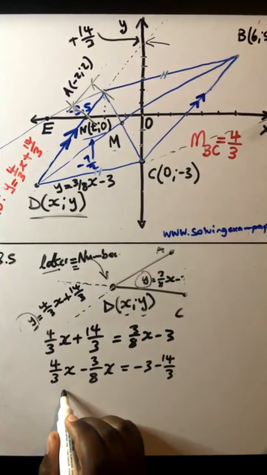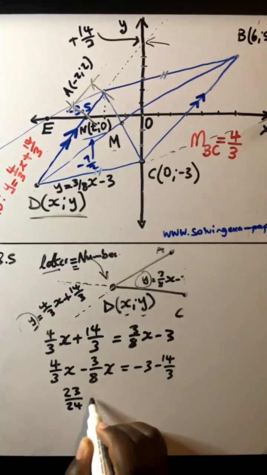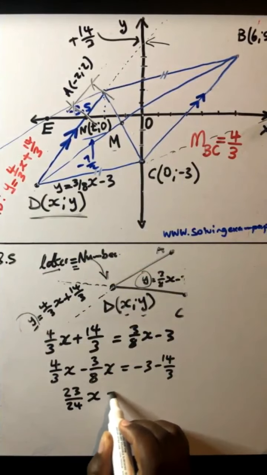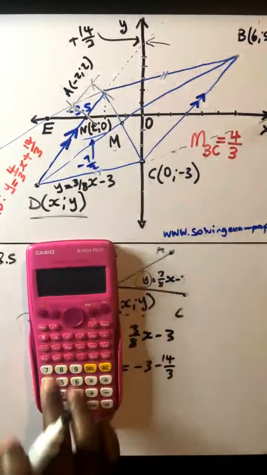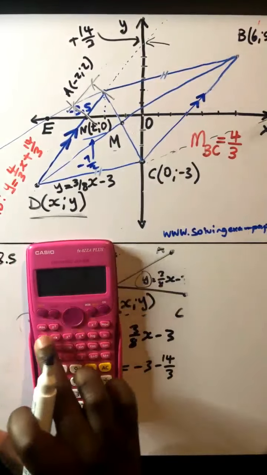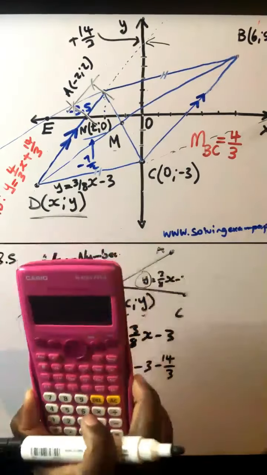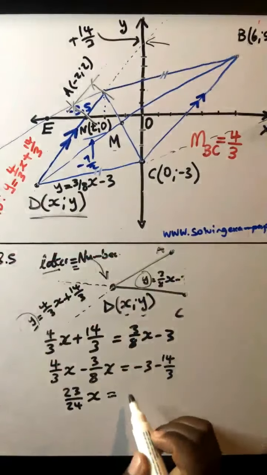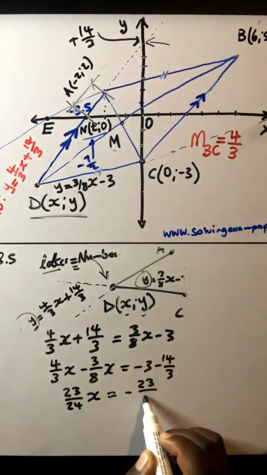Write it down: 23 over 24x. This equals, you punch the whole of that: negative 3 minus 14, fraction button 3. I'm getting 23 over 3. You write it down: negative 23 over 3.